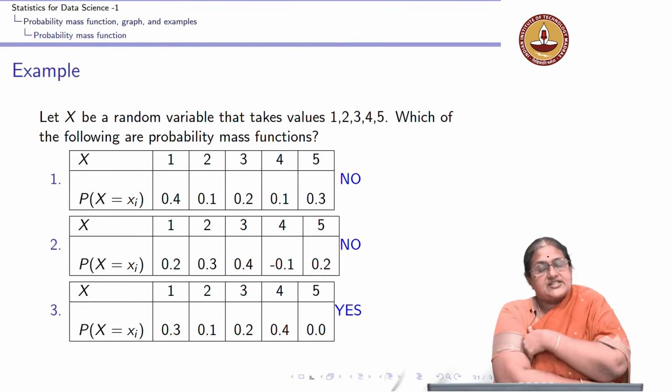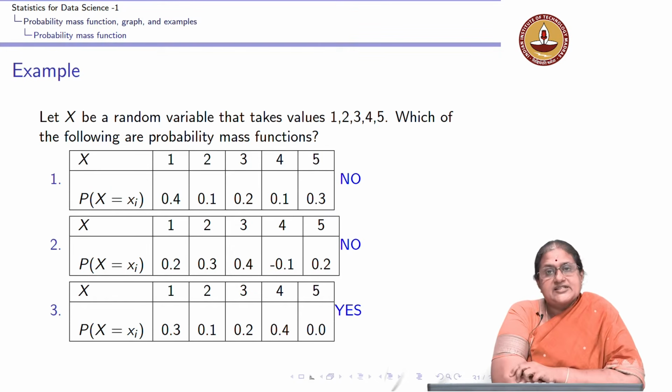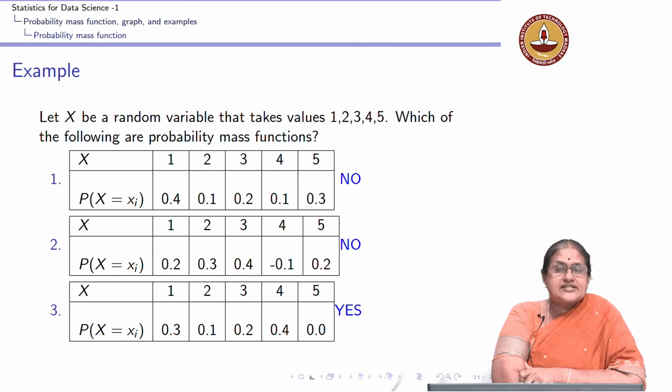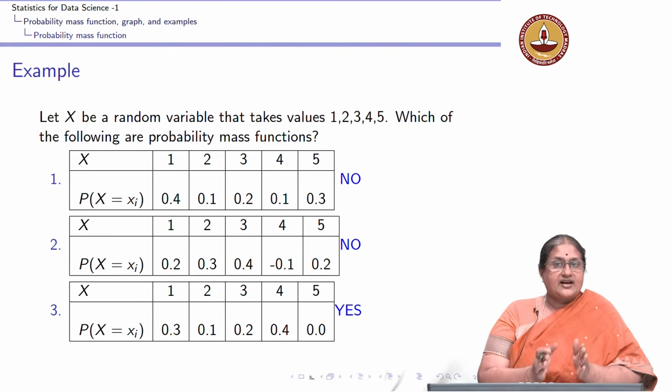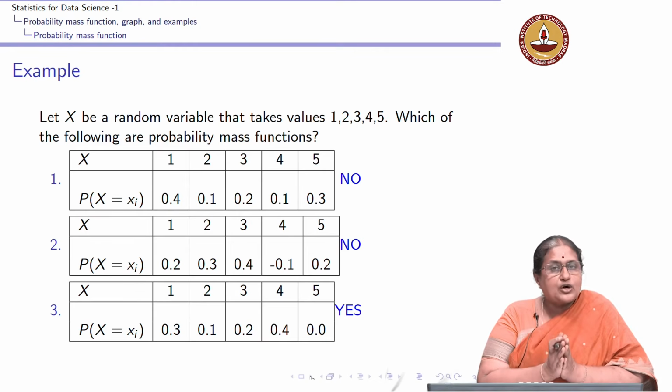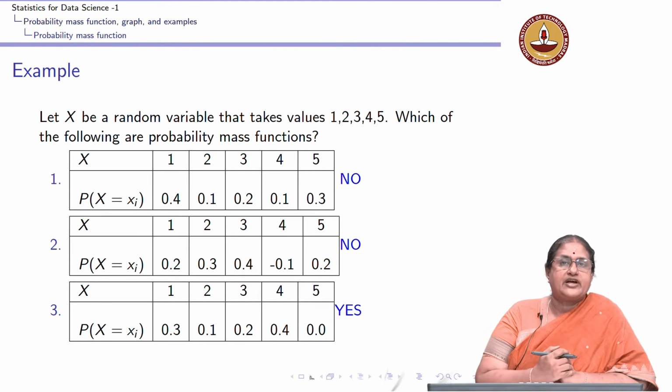So, the first thing you need to understand is, given a random variable, again I specify we are looking only at discrete random variables. Given a random variable X that takes the values x1, x2 up to xn, for the first case I considered a countably finite number of values.